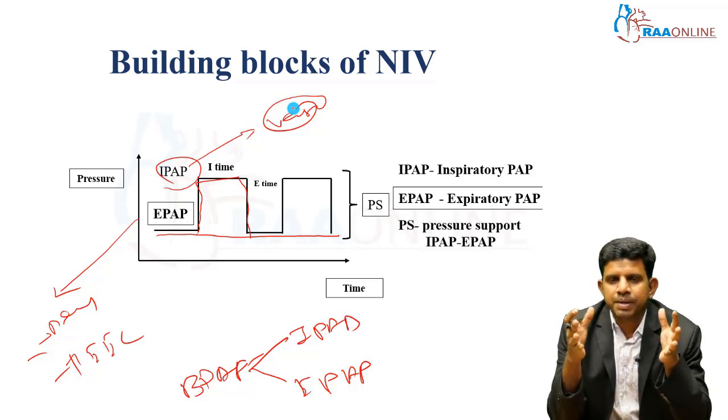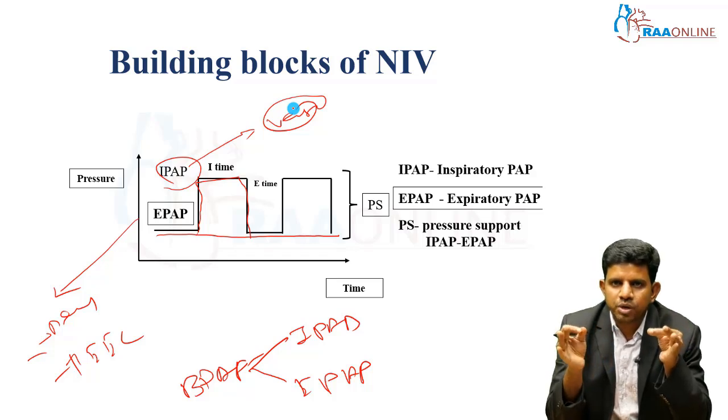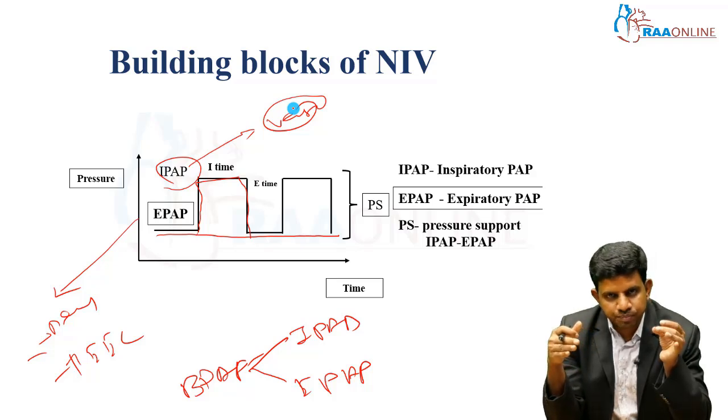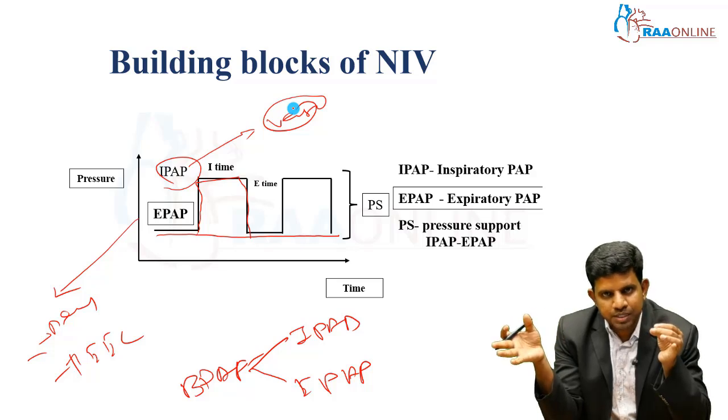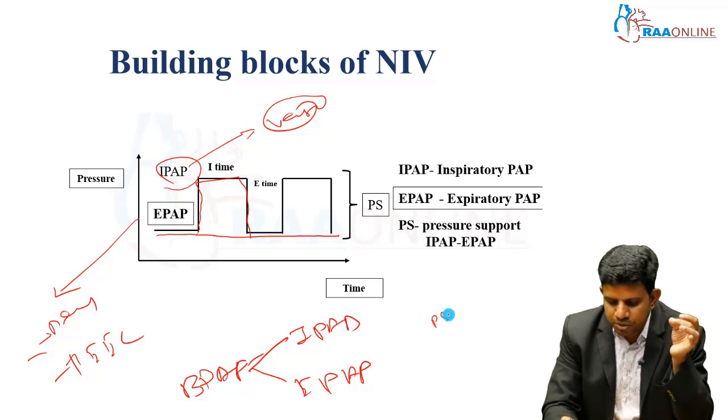For example, a patient is on my ICU ventilator with a PEEP of 10 and a pressure support of 10. When I change the patient from the ICU ventilator to our small BPAP machine, I have to set an EPAP of 10. My IPAP will now be 20. Why 20?